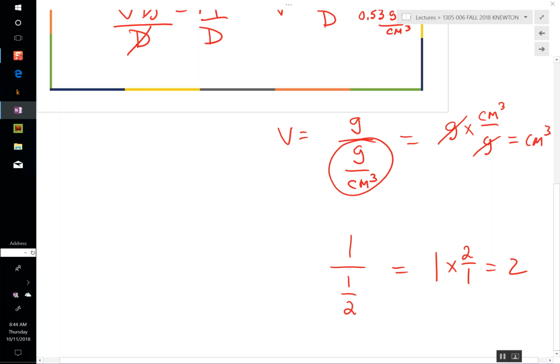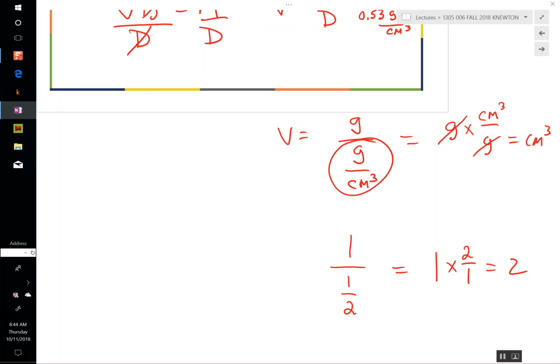Okay, I've gotten a little bit ahead of myself because we haven't really introduced dimensional analysis, but I'm introducing it right here. Dimensional analysis says you can treat units like they are numbers. You can treat them just like they are numbers. We'll go into it a little bit more in a second.